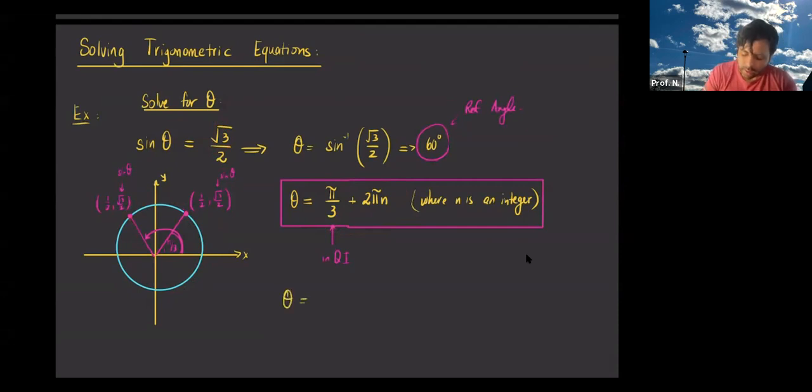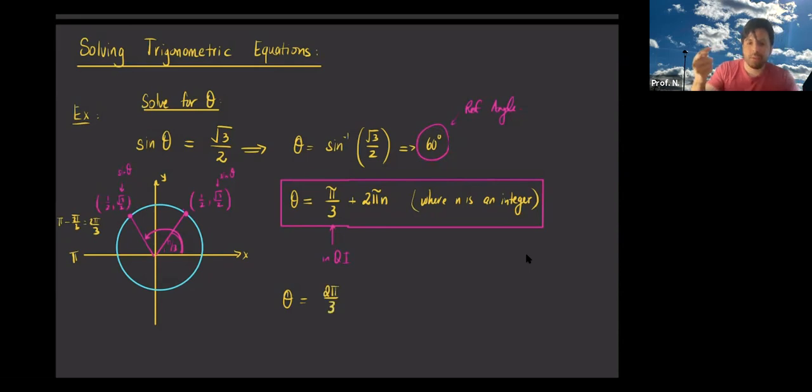And that's when you do pi minus pi over 3, which is 2 pi over 3. This is like saying, if I have an angle of 60 degrees in quadrant 1, then the associated angle in quadrant 2 is going to be 180 minus 60 degrees, which is 120 degrees, and that's 2 pi over 3.